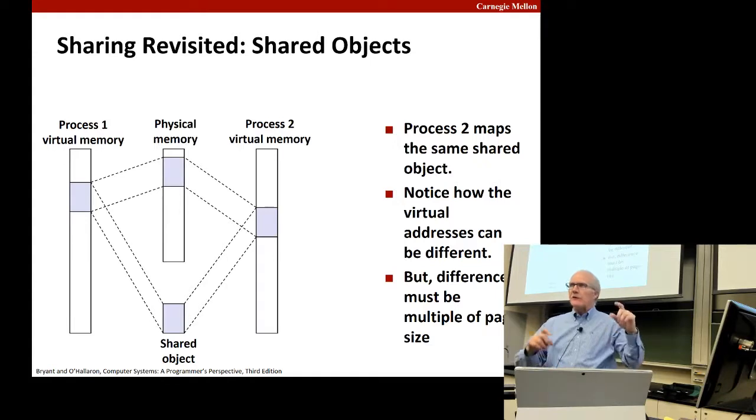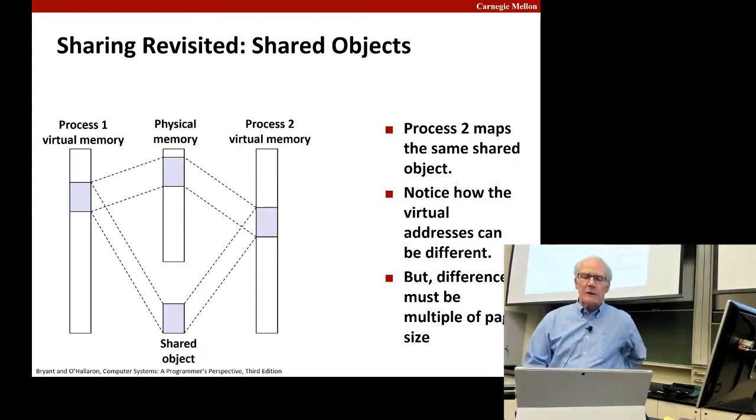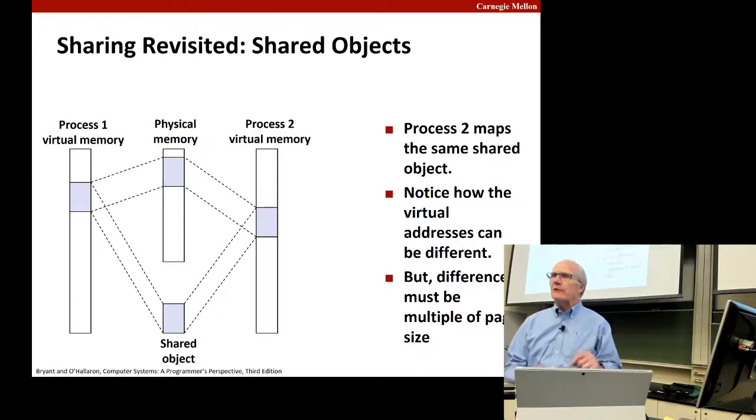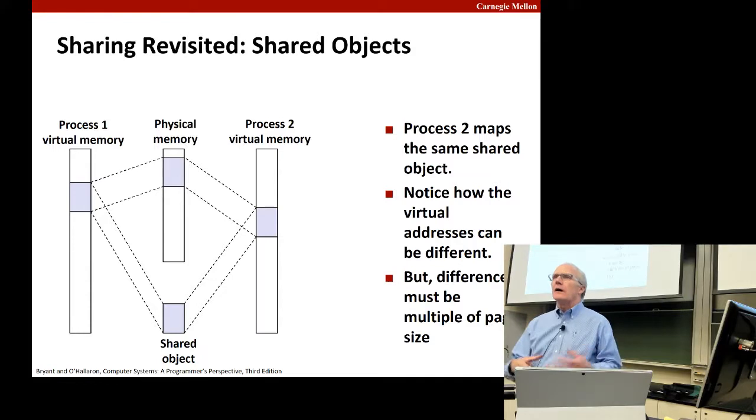So the difference between any two virtual addresses in process 1 and process 2 will always be however many pages different the two are relative to each other. But the point is that this shared object can run, and the two programs can be accessing it. And since the cache is based on physical addresses, even if these two processes are swapping back and forth, that cache entry will stay valid, and each side will be able to use it.